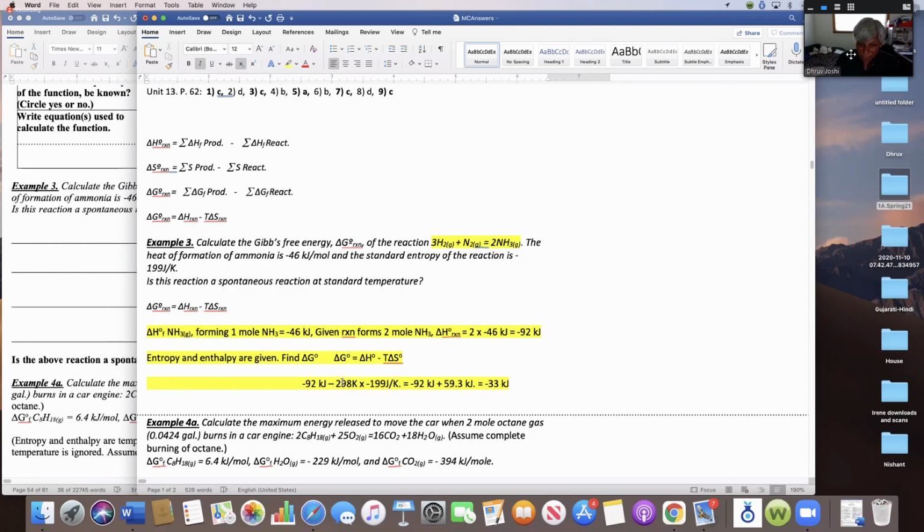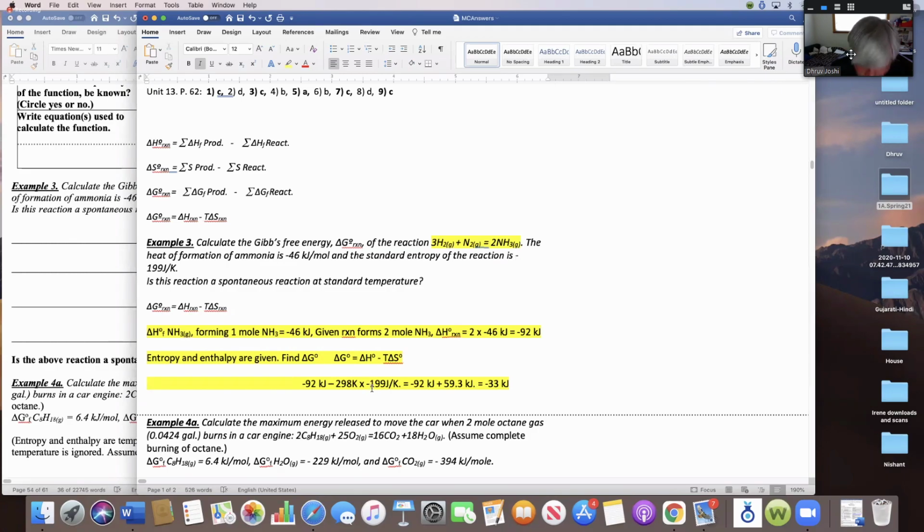T is 298 because we are given that delta G is a standard, so 298 Kelvin is the T. And delta S is given to us, negative 199 joules per Kelvin.